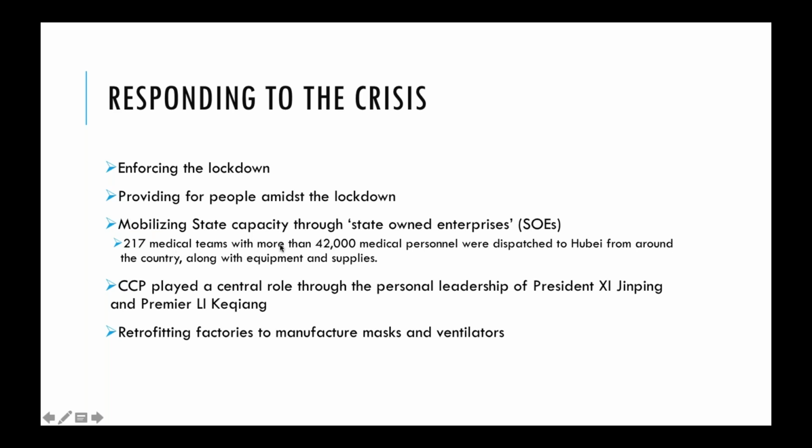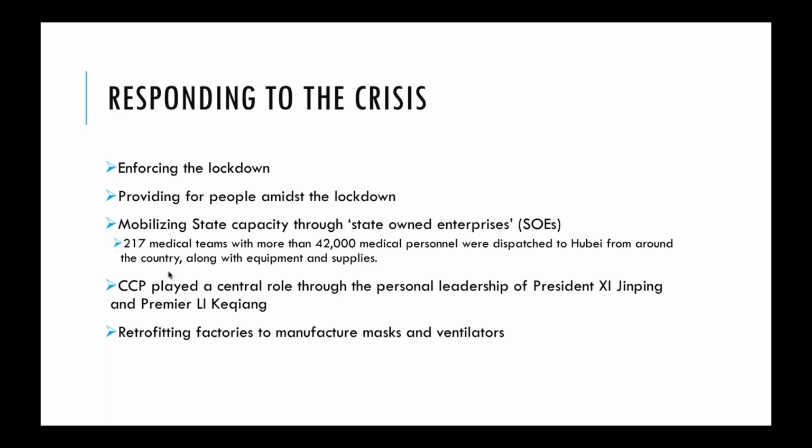Some 217 medical teams with more than 42,000 medical personnel were dispatched, along with equipment and supplies. I think this is important, and I'm only talking about one state and one province. So this is something they could do, and I'll give you a few more examples of this state capacity in a minute.